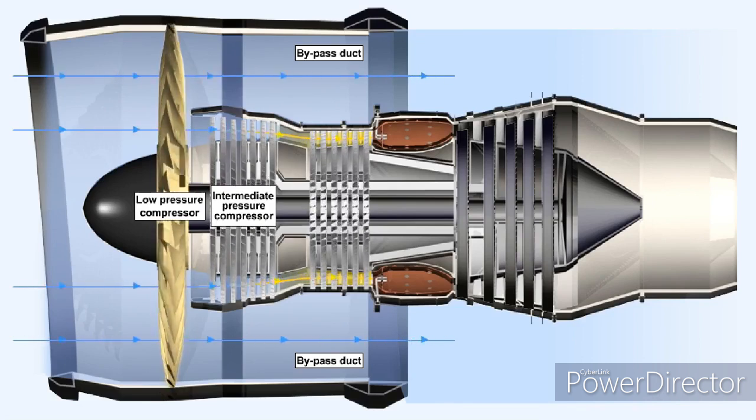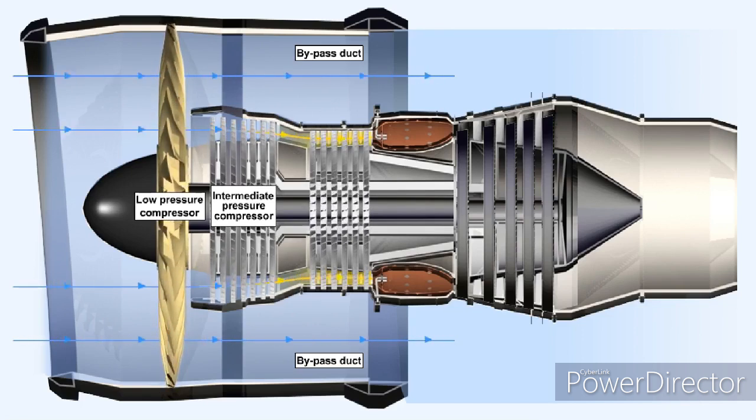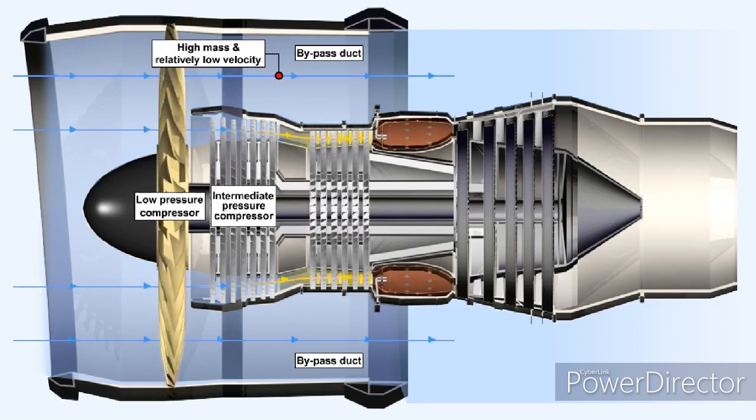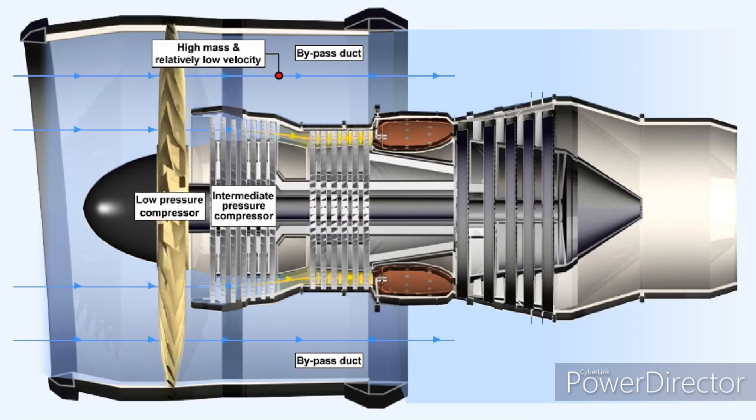Here, its pressure is raised before it splits, to go either through the bypass duct or into the intermediate pressure compressor, the amount going into either depending upon the bypass ratio. The thrust of this type of engine is almost completely dependent on the relatively cold air going through the bypass duct, which has a high mass and relatively low velocity, hence its high propulsive efficiency.